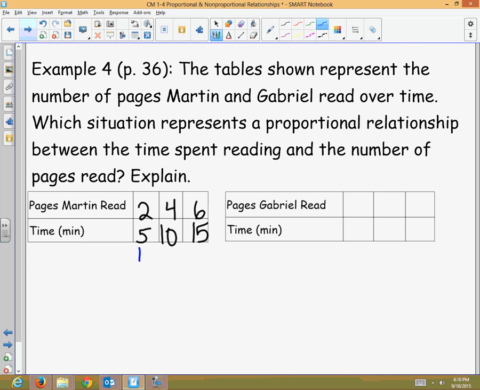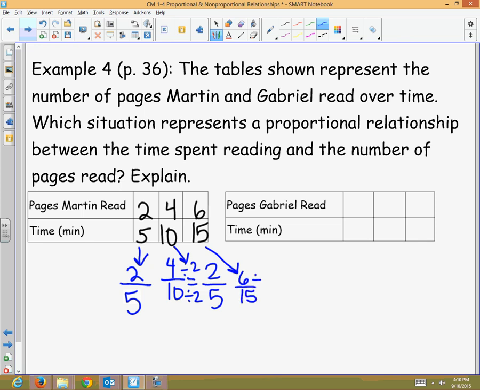So the first one is 2/5. The second fraction, 4/10, can also be reduced. Let's try it. 4/10 divided by 2 on the top and the bottom is 2/5. Let's try the last one. 6/15, divide the top and bottom by 3, and you get 2/5.